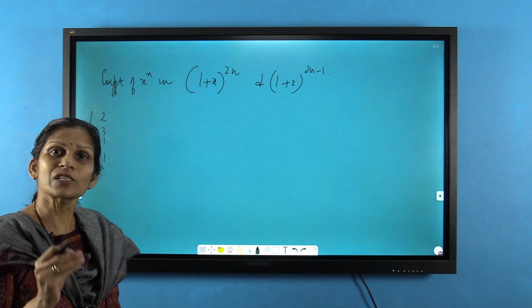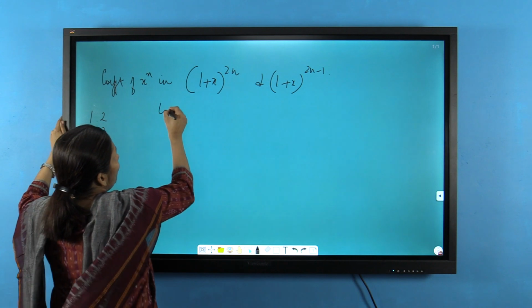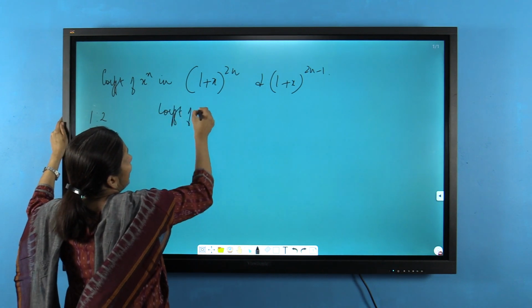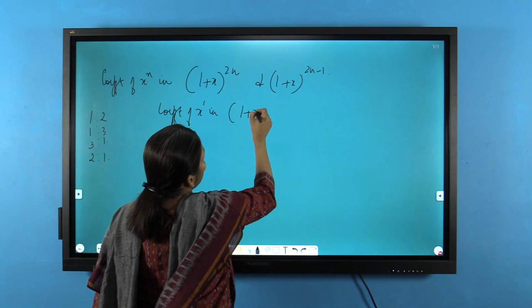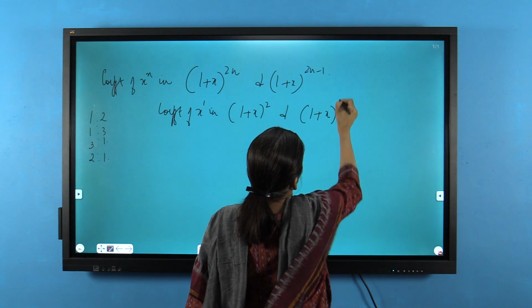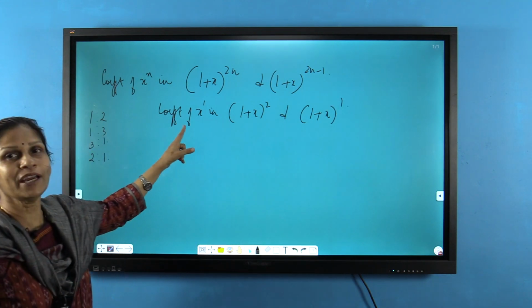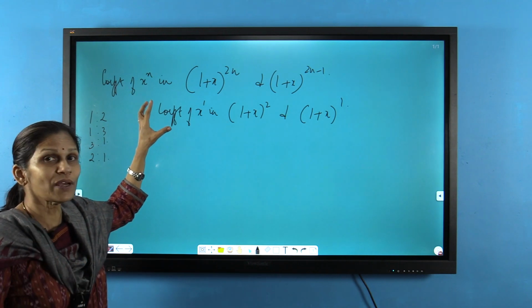Let us make this question much simpler. Let us find the coefficient of x raised to 1 in the expansion of (1 plus x) the whole squared and (1 plus x) the whole raised to 1. What am I doing? I am substituting the smallest possible value of n to make our question simpler.